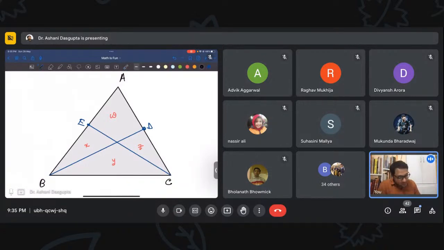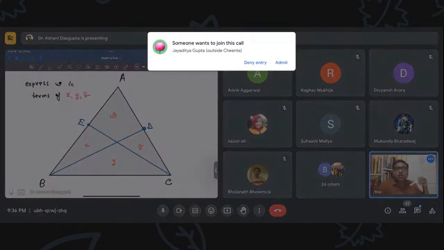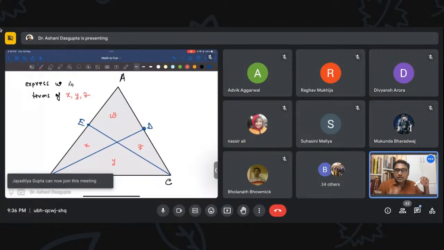It's possible to express W in terms of X, Y, and Z. I'll give you a minute to think about it and tell me why that is true. How can you write the value of W in terms of X, Y, and Z?